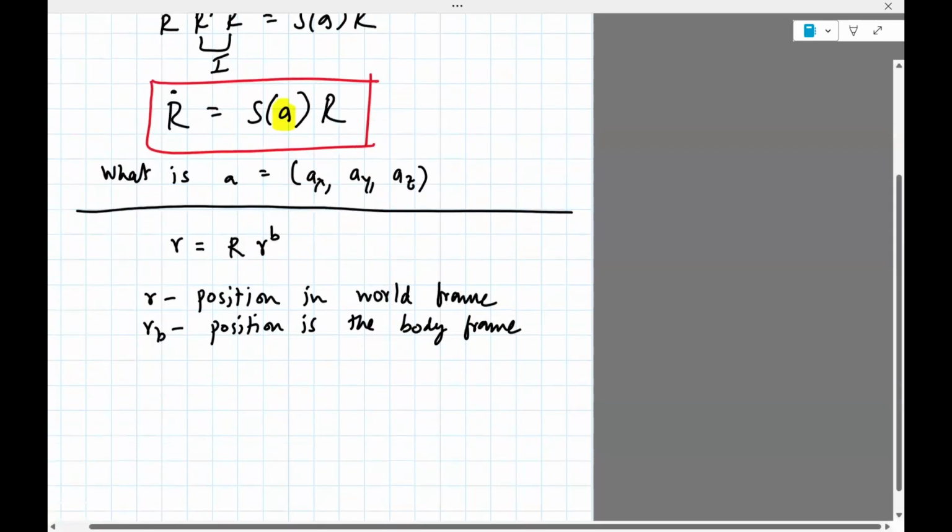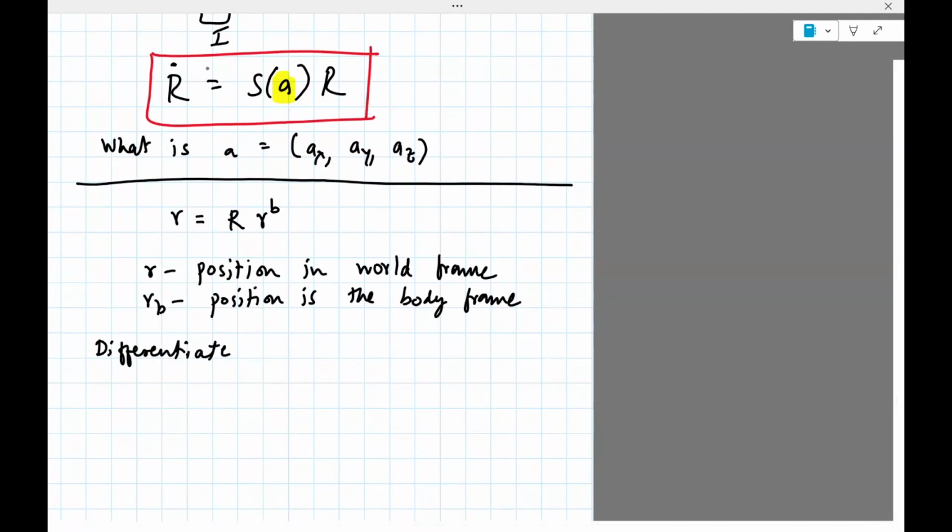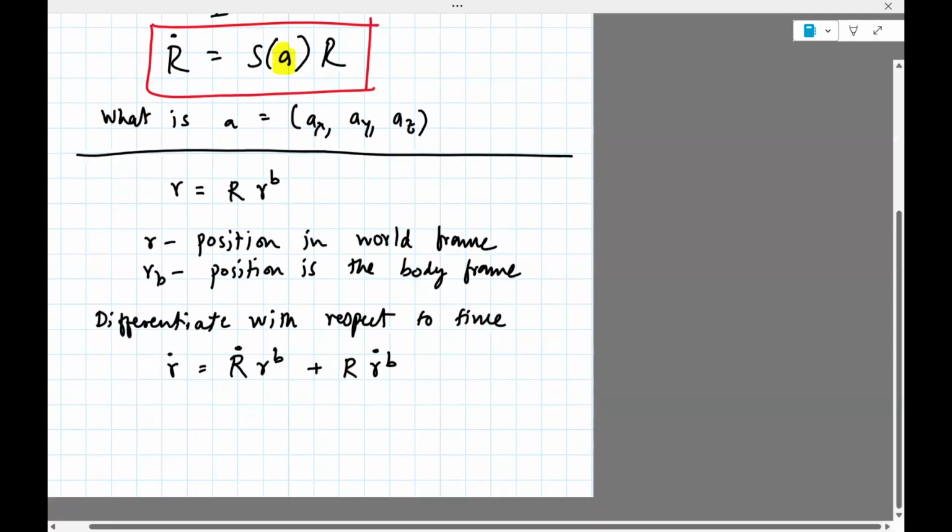So what we'll do is differentiate this expression with respect to time. So we have R dot equals R dot times RB plus R times RB dot, chain rule.